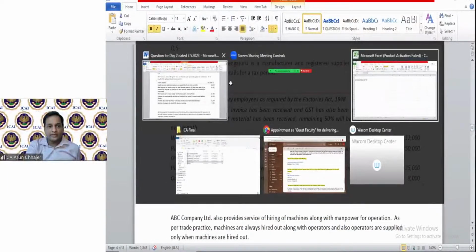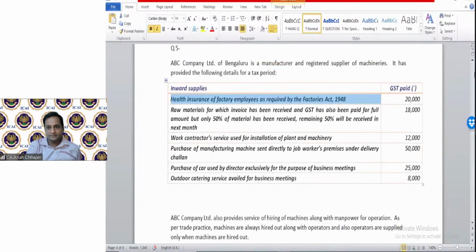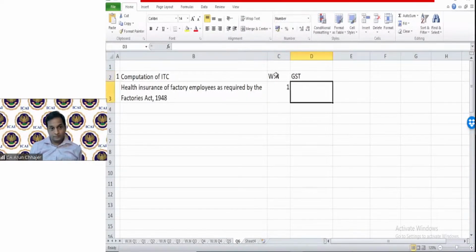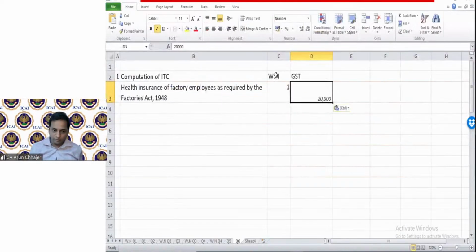So first calculate the health insurance ITC. Working note number 1. ITC available as per Factories Act. So ITC would be available. And what could be the reason?